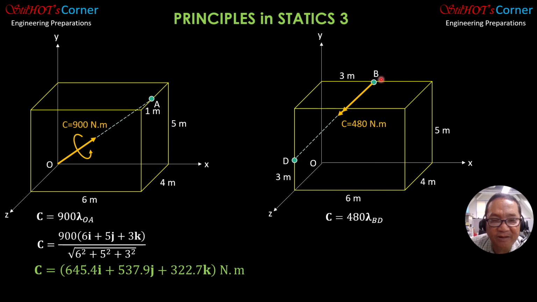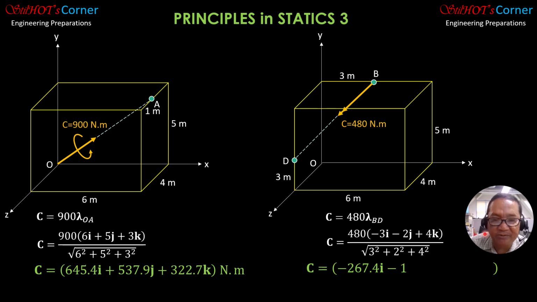So it is equal to 480 times negative 3i minus 2j plus 4k divided by the square root of 3 squared plus 2 squared plus 4 squared. So this is the unit vector of BD. Using your calculator, it is equal to negative 267.4i minus 178.3j and plus that value there.